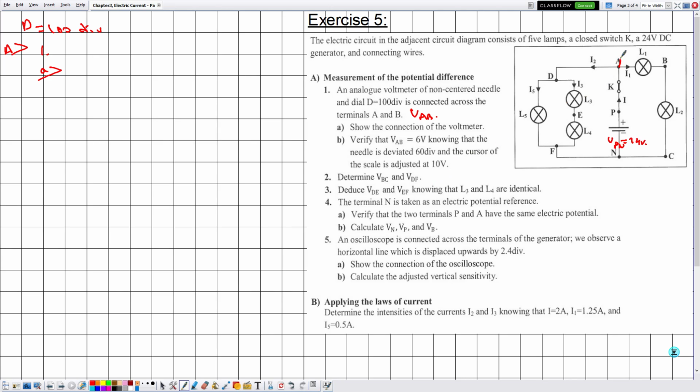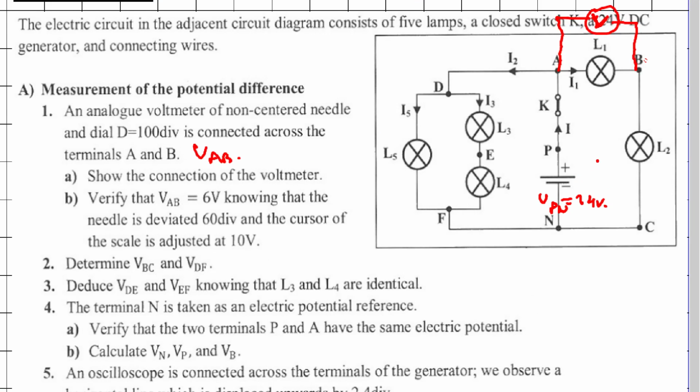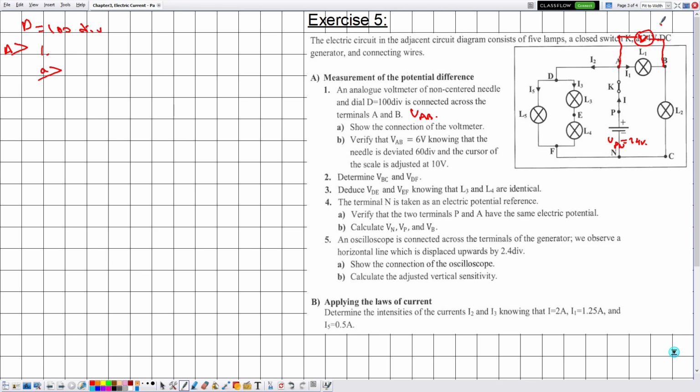So this is the voltmeter like this. So if they didn't mention anything about the positive or the negative pole, we take it by default to be connected to the negative pole. So this is the negative pole going back to the voltmeter, so this is the COM terminal. Now this is done.